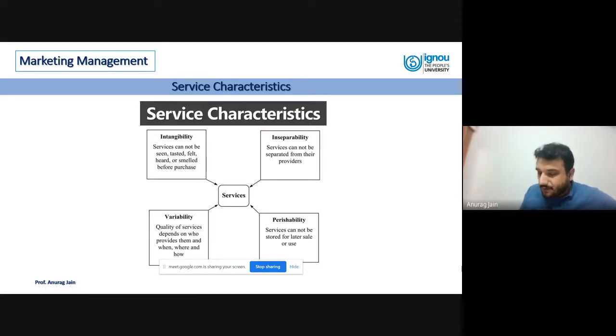The fourth important characteristic which differentiates services very much from products is that it cannot be stored for later sale or use, right? Services are perishable, right? So for example, if you are booking flight tickets from Indore to Delhi or Bhopal to Delhi, and you wanted to travel on a particular date, if you miss that flight, you cannot use the same service at a later point in time.